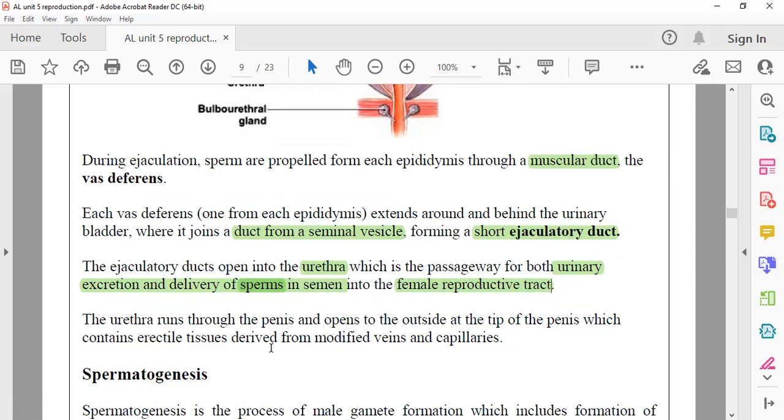The urethra runs through the organ called the penis. It opens to the outside at the tip of the penis. Penis is made of what kind of tissues?